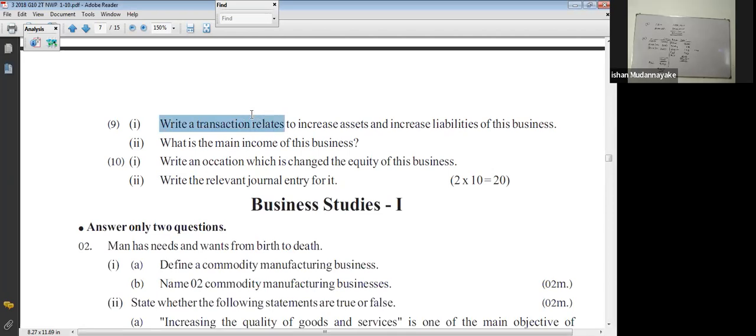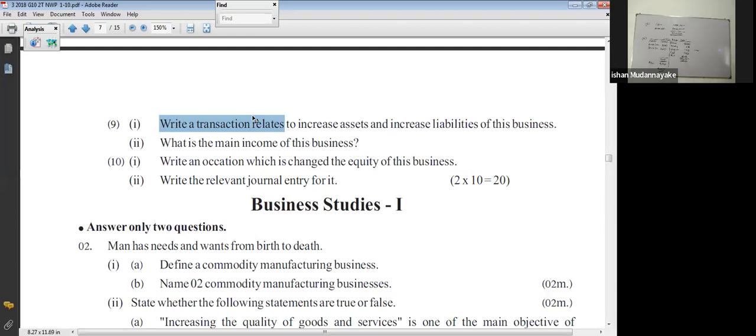Right. We will move on to question number 9. Write a transaction that relates to an increase in assets and an increase in liabilities of this business.